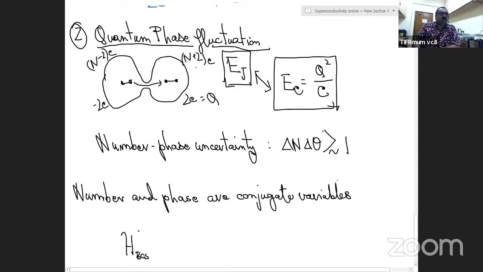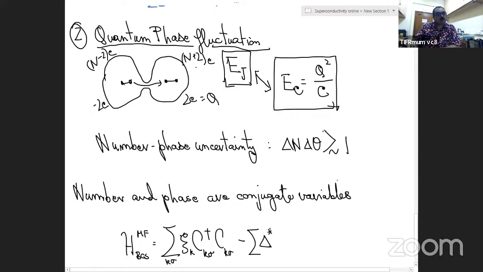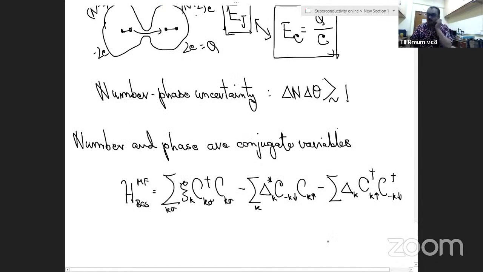So we start from the BCS mean field Hamiltonian. By now you know the BCS mean field Hamiltonian. Let's write the general Hamiltonian. Okay. This is the BCS mean field Hamiltonian.